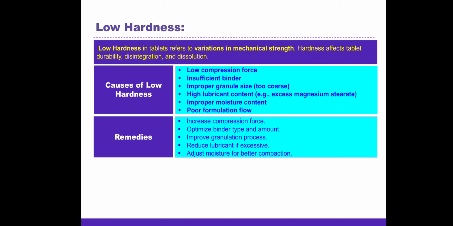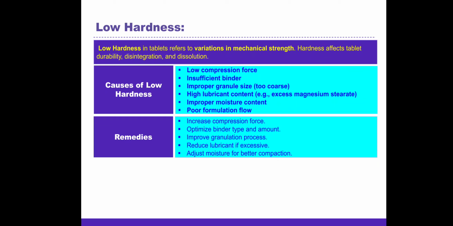Improve granulation process means we have to keep all the parameters within limit at granulation stage, this drying, then moisture content, everything we should keep within limit. And reduce lubricant if excessive.